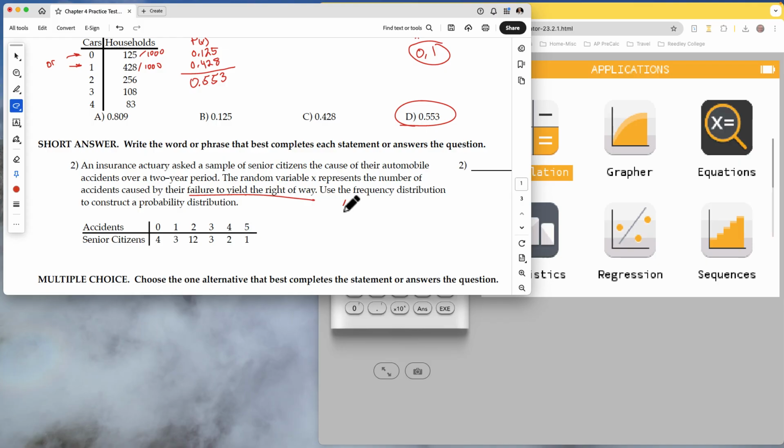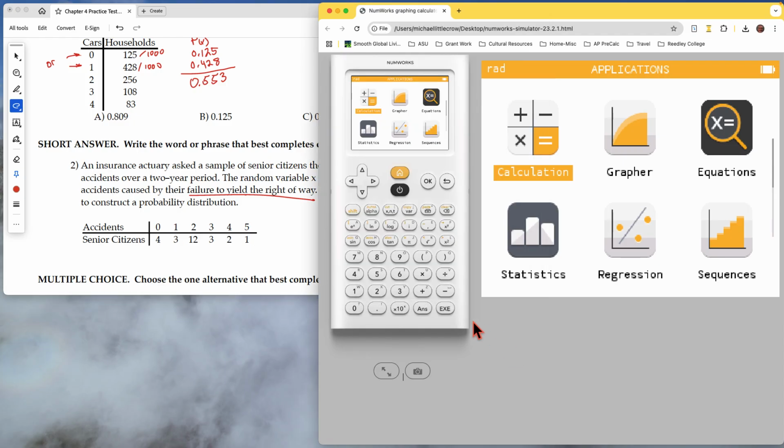We can have x equal to each of these, and the probability of x for each one of these, you have to take the total and divide. So we're going to get a relative frequency. So we'll add these together.